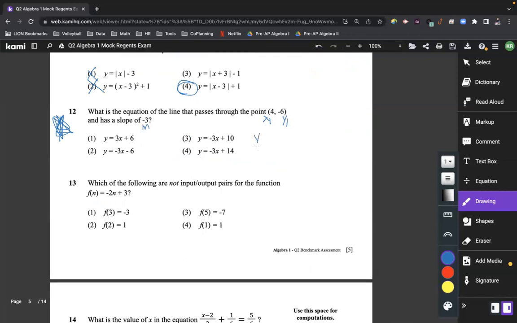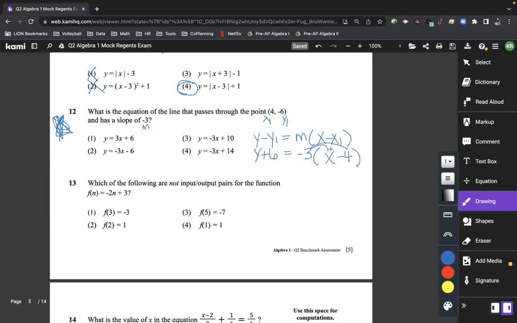Remember, point slope is y minus y1 equals m times x minus x1. And when you're plugging your points in, remember you plug them in with the opposite signs. So it's going to be y plus 6 equals -3 times x minus 4. This is -4 because it's positive here, and this is plus because it's negative here.